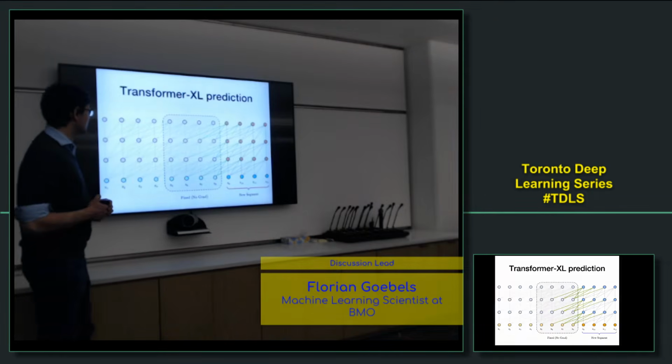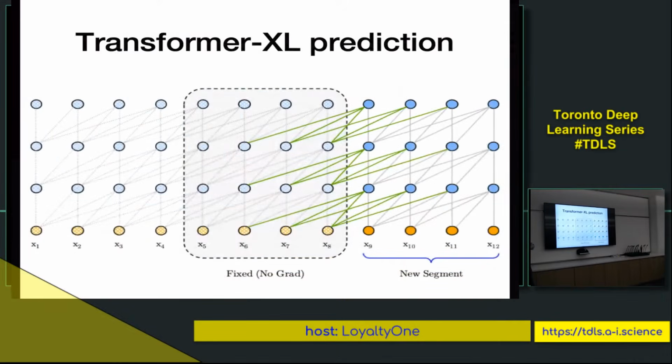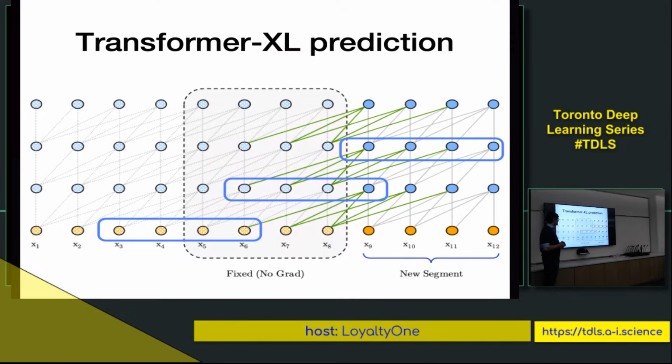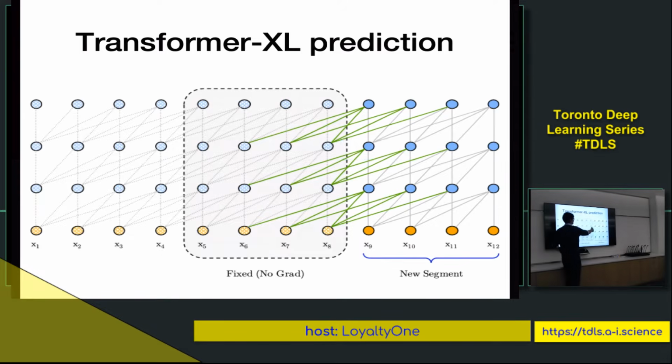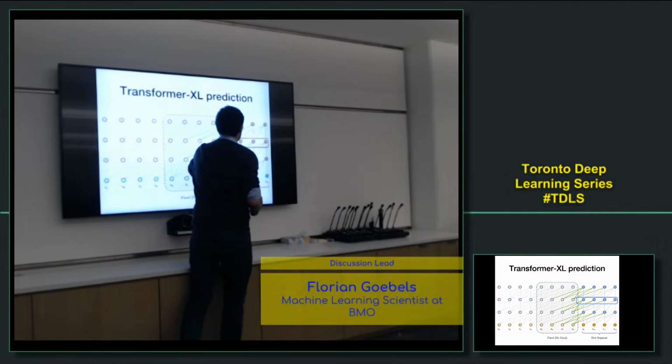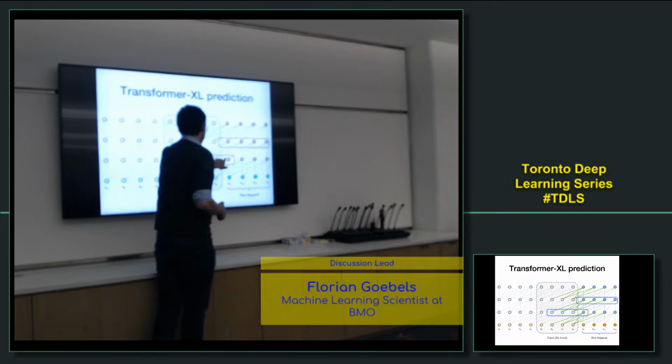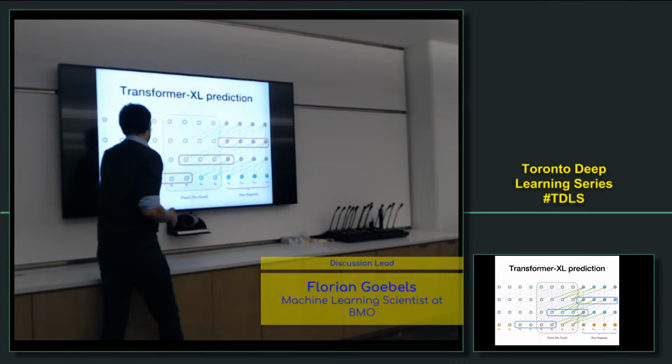Okay. So for this newly proposed architecture, as you see, for this position, you would use this context. And then for this position, you would use this context, and for this position, this context.